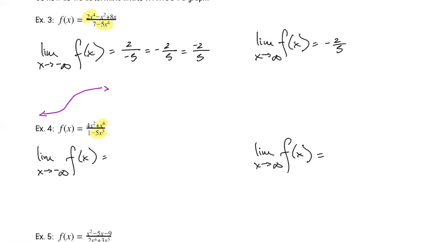But in this case, if I were to just think about these degrees, I could almost say this. And what does that reduce to if I were to reduce x to the 6th over -5x to the 3rd?